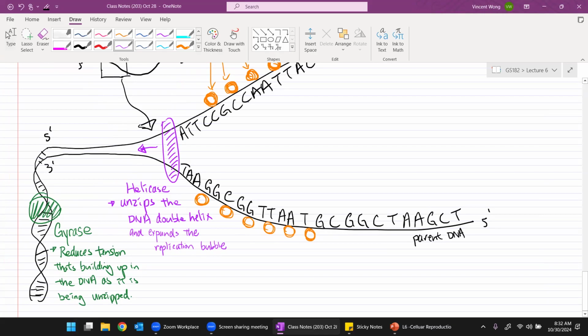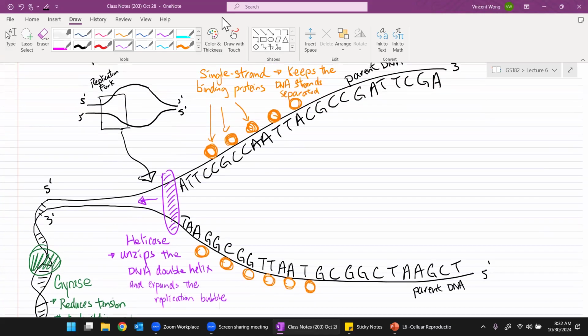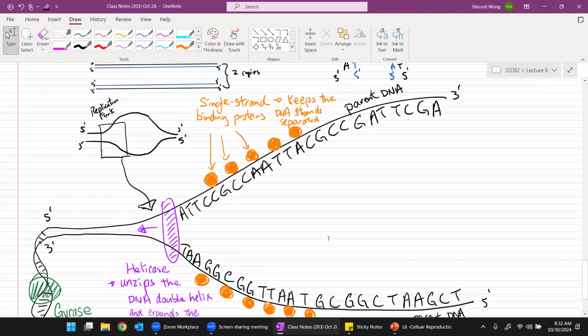And lastly, because the DNA strands are attracted to each other, you want to keep them apart so that you can continue to have access to the nucleotides. And that's what these orange balls are. They are single strand binding proteins, and sometimes they have a short form, SSBP.